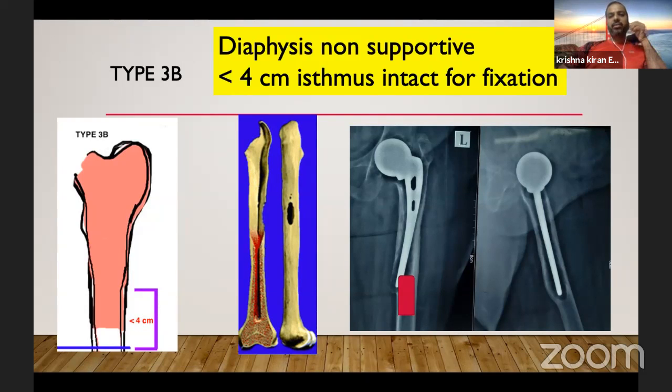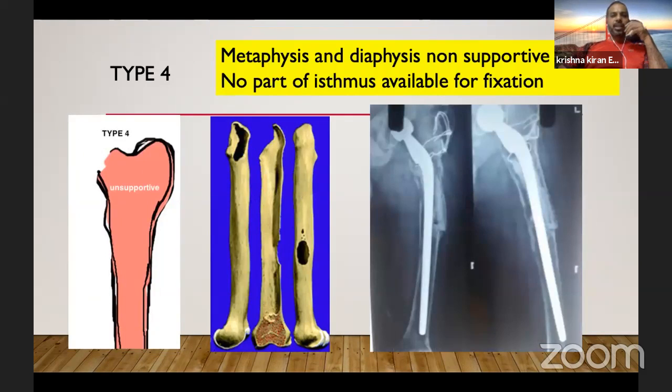So you need to have the bone there in the proximal femur and diaphysis in order to get a reliable bone ingrowth which will last for a long period of time, and also lead to loading of the bone proximally where it is deficient, so that there is reformation of the bone in the long run. In type 4, both metaphysis and diaphysis are non-supportive and no part of isthmus is available for fixation. So these are really challenging cases and require innovative methods of dealing with such issues.